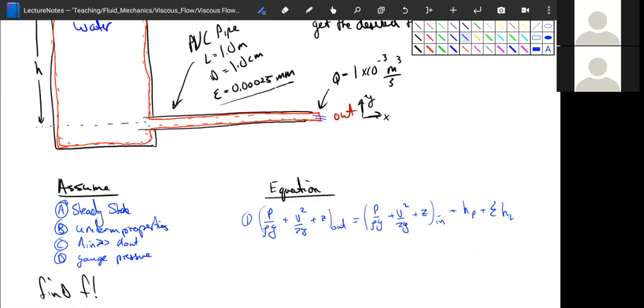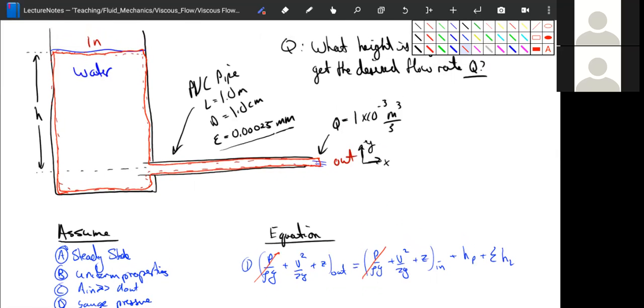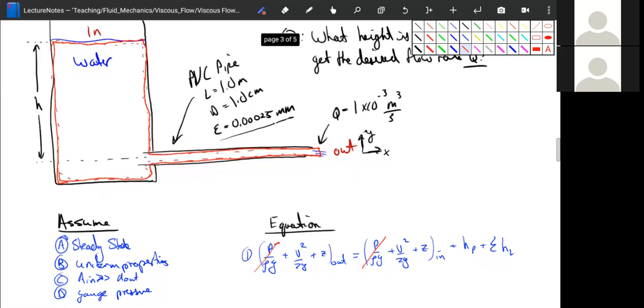So if we're using gauge pressure, we can cancel out both of our P's because our pressure in is at the surface of the water and our pressure out is cutting across a free jet, and the free jet has the same pressure as the air around it. Our velocity in is going to be much less than our velocity out, so I'm going to cancel that out.